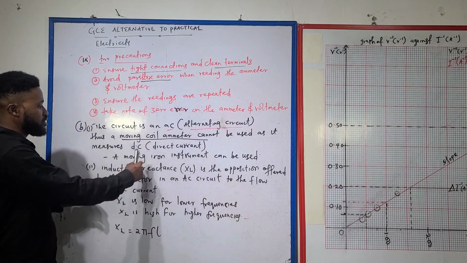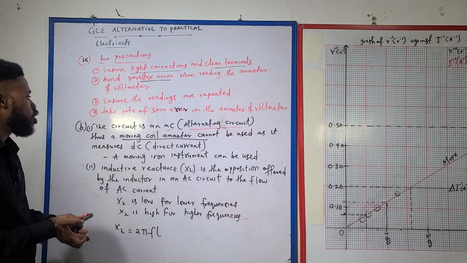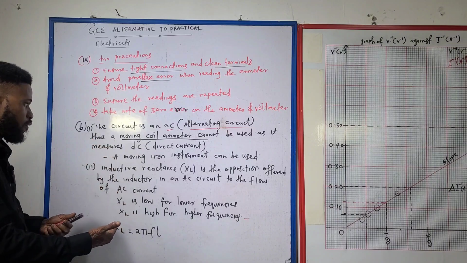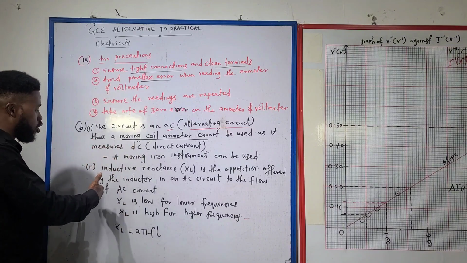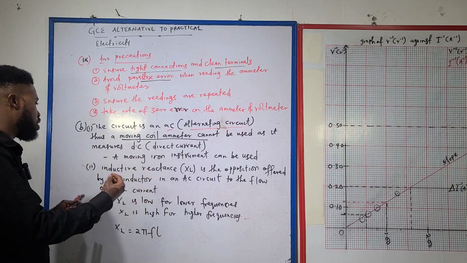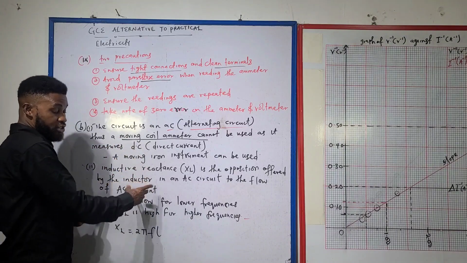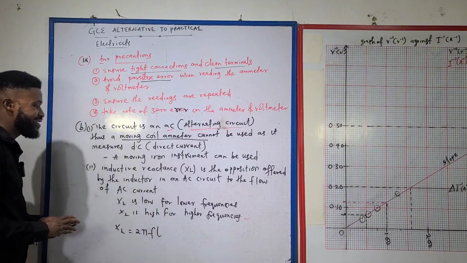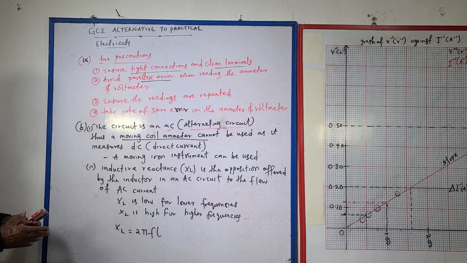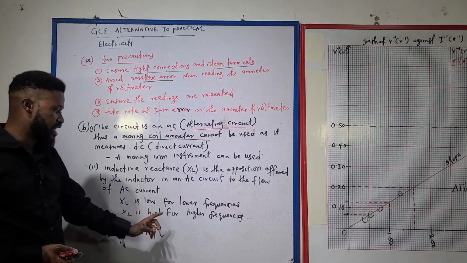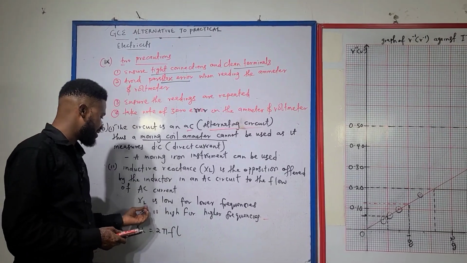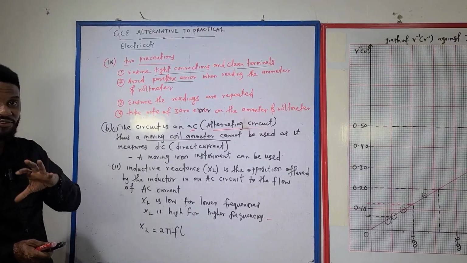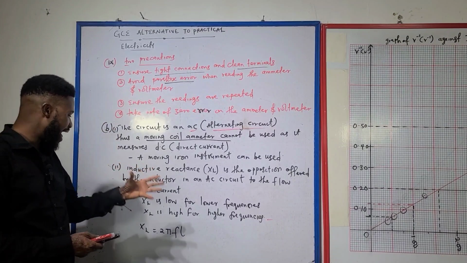So you look at it, inductive reactance, something is going to oppose the flow of AC current in the AC circuit. But what is going to do that is the inductor. That is why it is called inductive reactance. Also recall, XL, that's your inductive reactance, is low if the frequency is low, and your inductive reactance is high if the frequency is high.